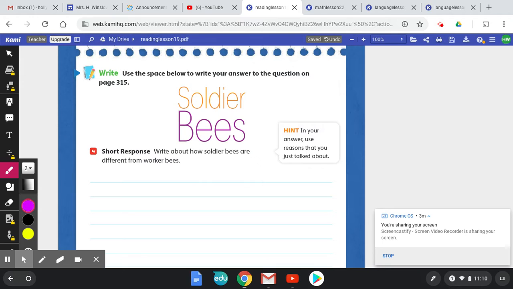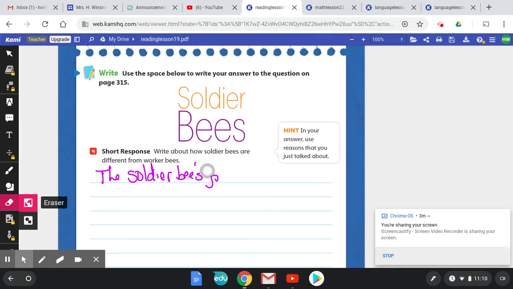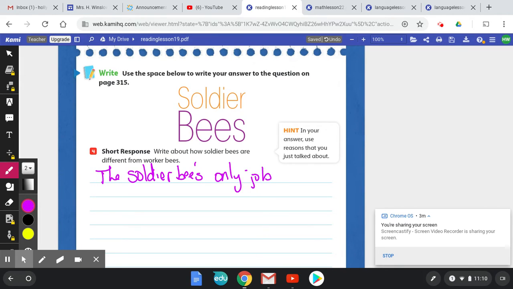So we said that the soldier bees' only job, I need to make sure, because remember, each one of them has a job. Only job is to protect the hive. Kind of like real soldiers.